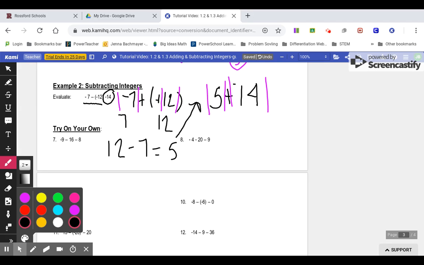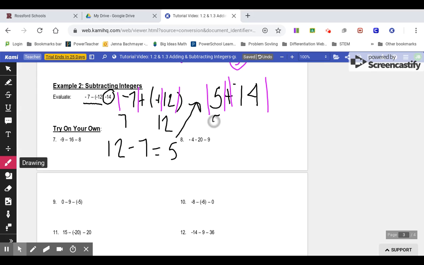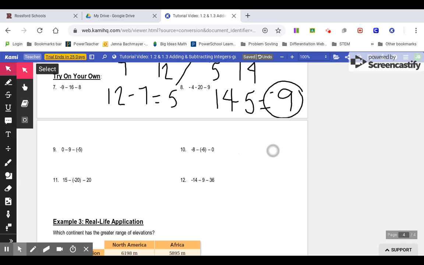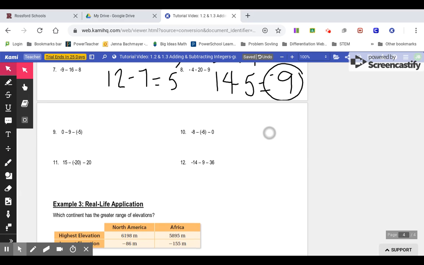The absolute value of a positive 5 is 5. The absolute value of a negative 14 is a positive 14. 14 is greater than 5, so I'm going to subtract 14 minus 5, and I get 9. And since 14 was negative, my answer is a negative 9. Again, go ahead and pause this video and try 7, 8, 9, 10, 11, and 12 on your own.